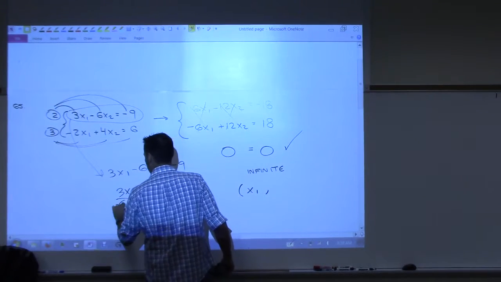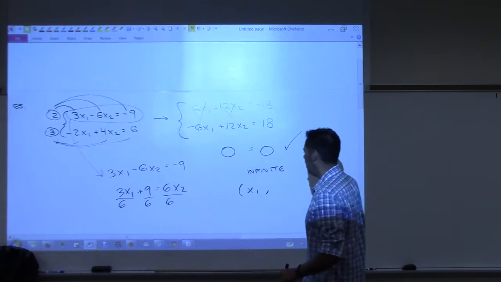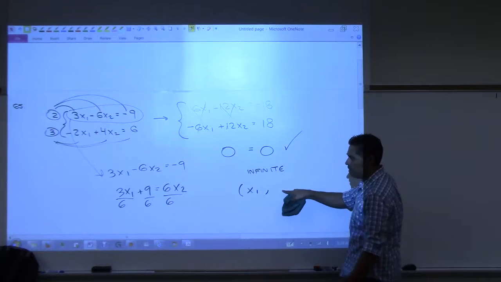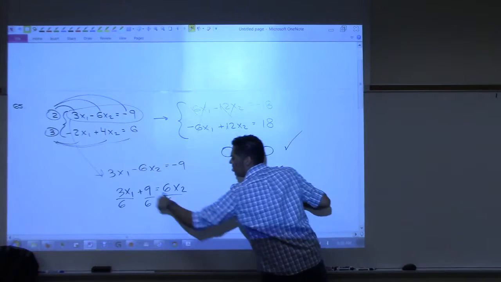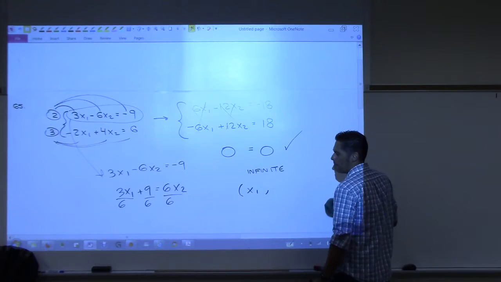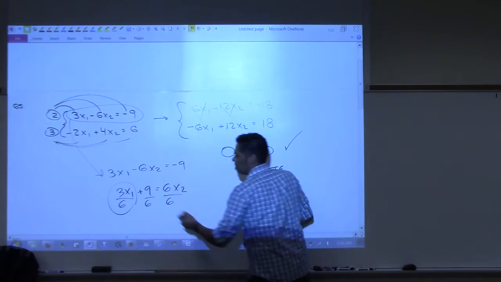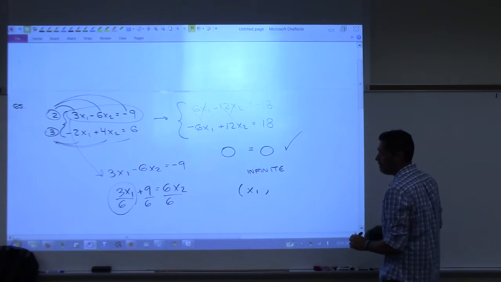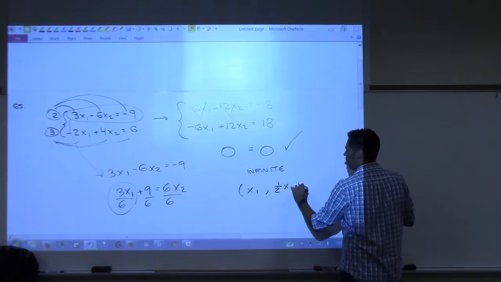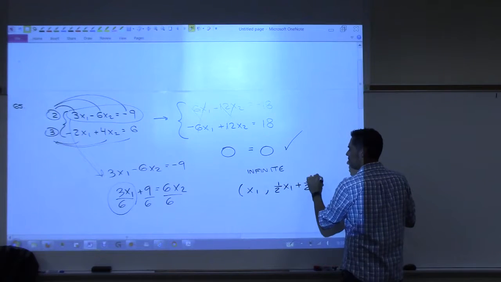So you divide everything by 6. And you should get x sub 2, which is what belongs here, should be equal to the left side. So what is that left side if I reduce those fractions? What's this? 1/2 x sub 1 plus 3/2, like that.